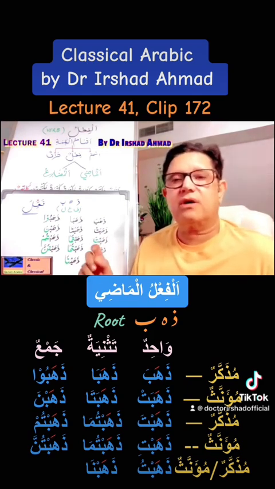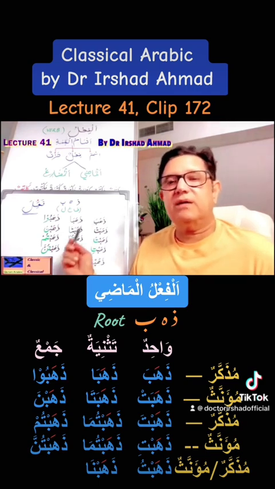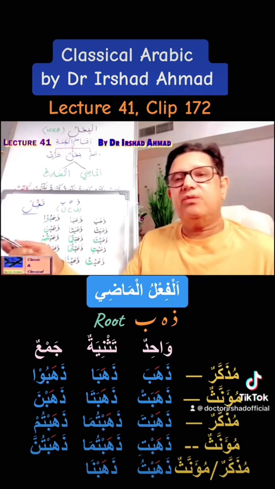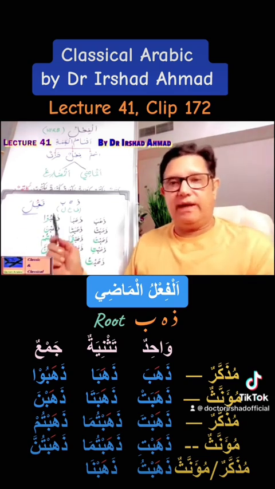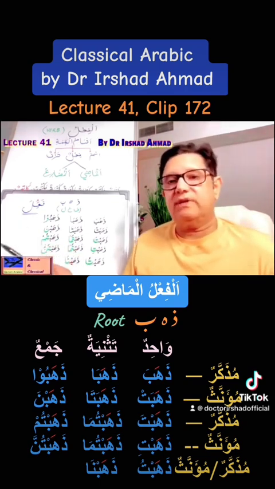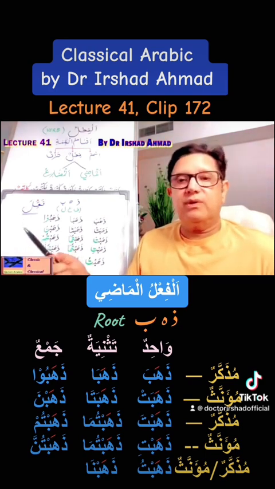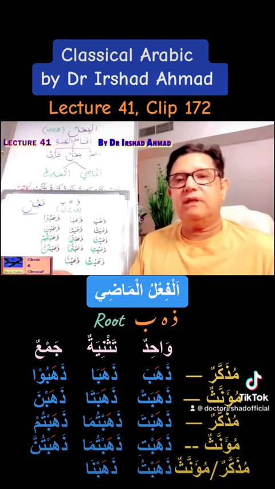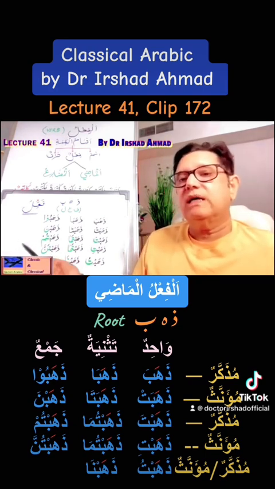In the second person, we say you went. If it's a man, you went; if it's a woman, you went. Again, there's no gender differentiation. In the plural, many men and many women, you went. Again, no gender differentiation.